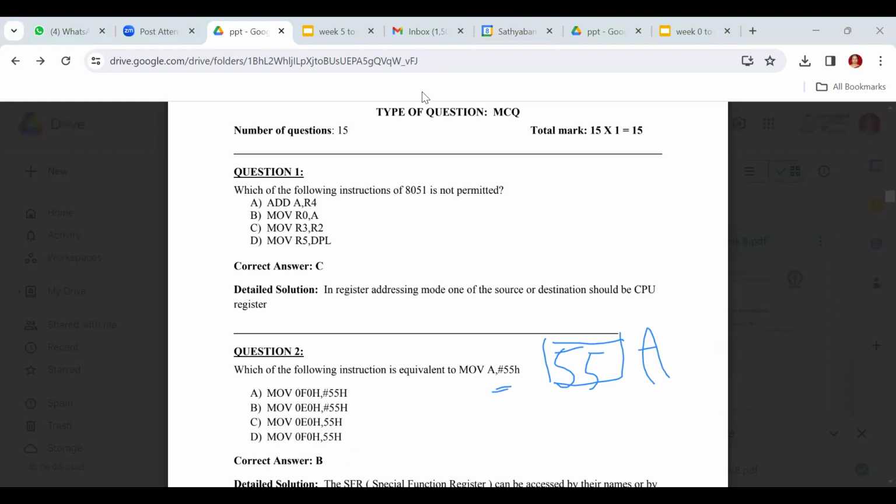Hash always denotes that we used move immediate. Here we all know my accumulator is 8 bit data, so it can store only 8 bit at a time. So 55 I can write as 0 1 0 1 0 1 0 1.